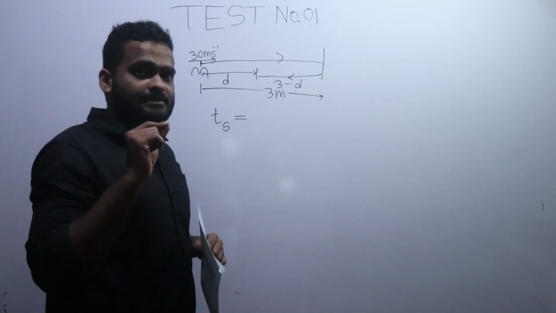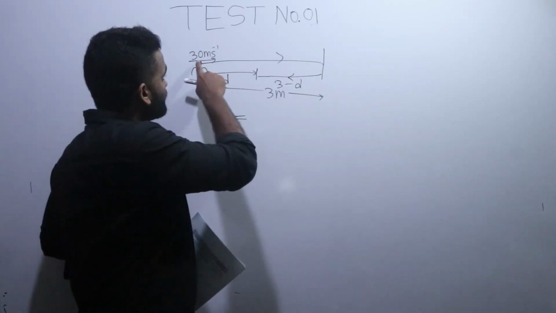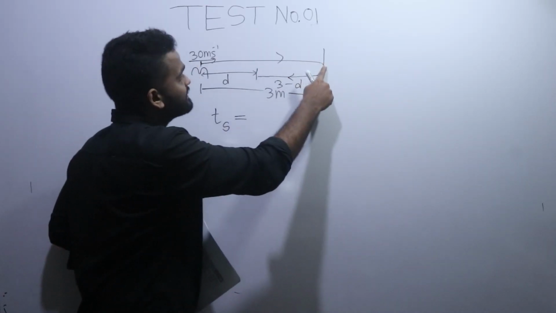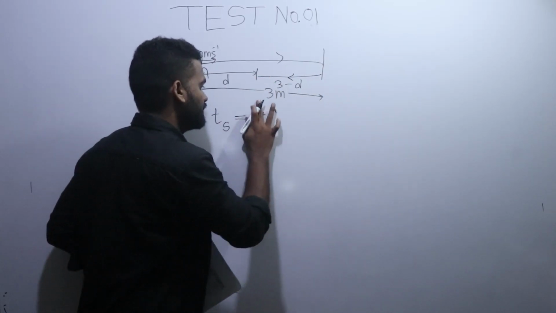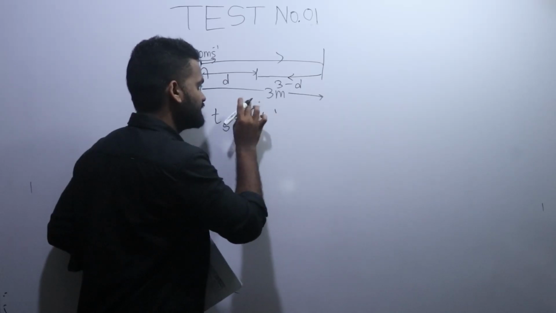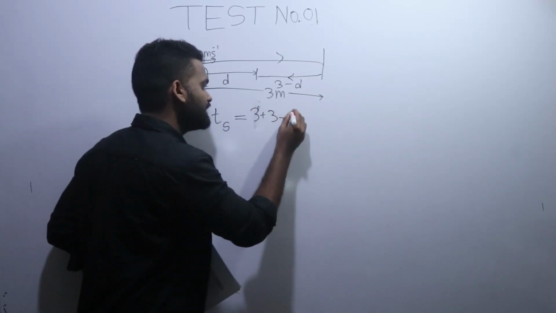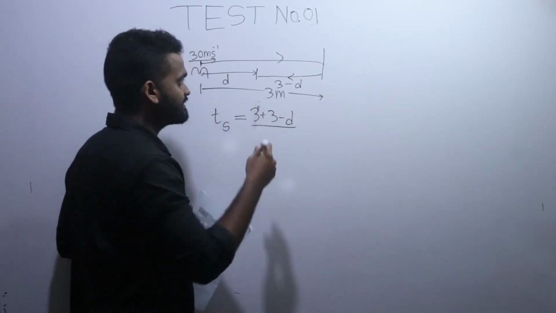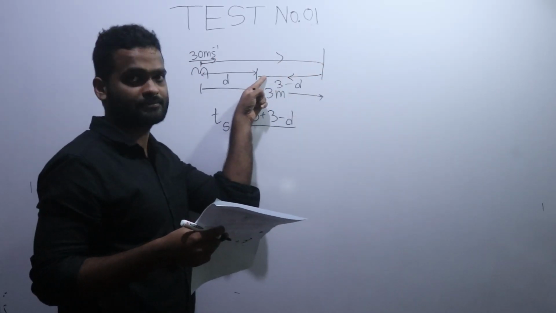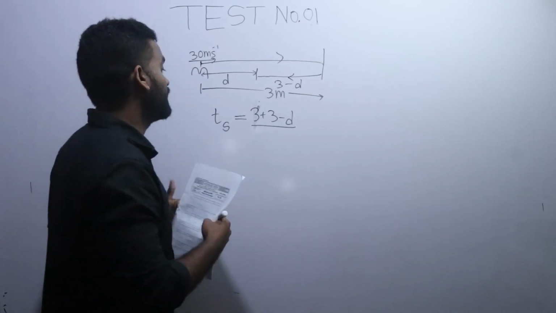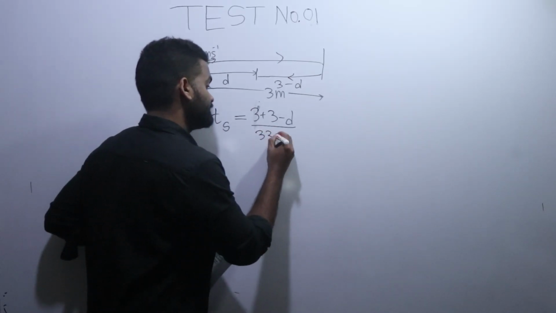So the total distance that sound moves is 3 meters plus 3 minus d. 3 plus 3 minus d. So that is the total distance that sound moves from here to here. Then just divide it by the speed of the sound.